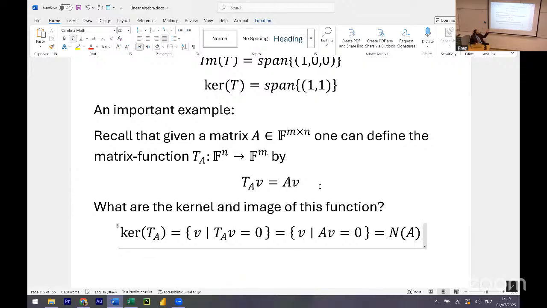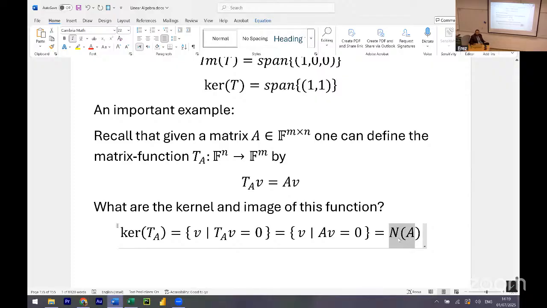So the kernel is simply the null space. It's not a new thing. It's only different names for the same things we were studying from the second chapter of this course, a linear system of equations, and we had the homogeneous system of equations. That's exactly the null space. That's exactly the kernel of a linear transformation. We studied it from day 1 or day 2, but still we need to be able to do the translation between the two. So the kernel is exactly the null space.